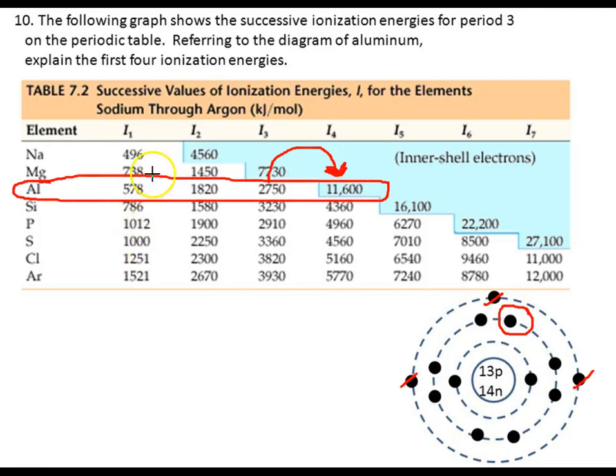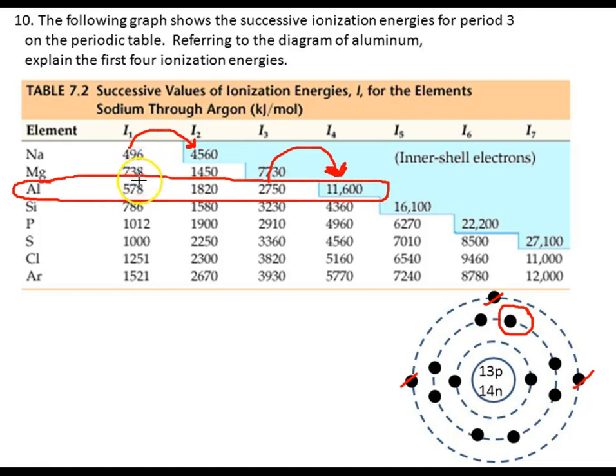So looking at this data, we get an idea of how many valence or outer electrons these atoms have. For example, sodium has only one valence. So when we go from the first ionization energy to the second, it's almost 10 times as difficult because the second is from an inner shell.